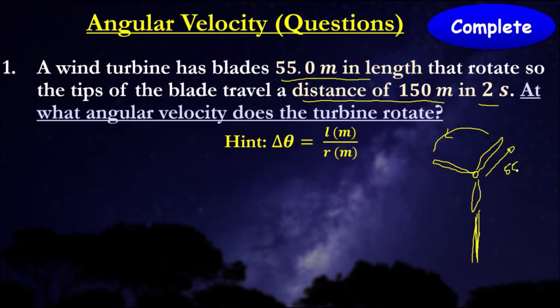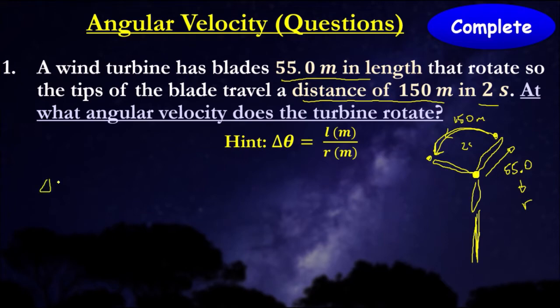Now assuming that the blade begins from the center of our turbine, the 55 meters also represents the radius of our turbine. It rotates a distance of 150 meters, meaning from this point all the way to this point here, we've traveled around 150 meters, okay? And this took us 2 seconds to achieve.